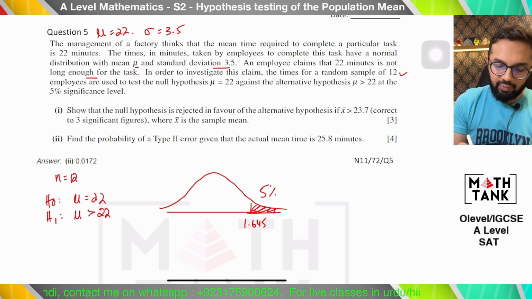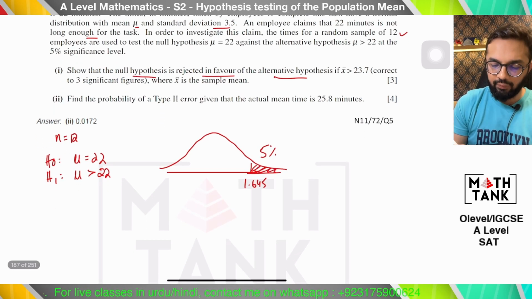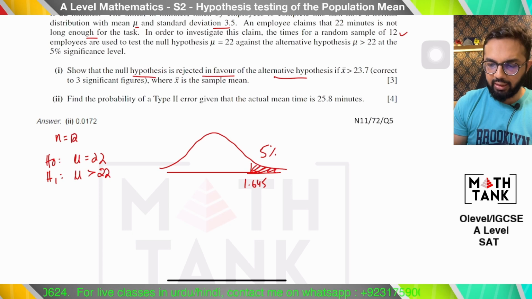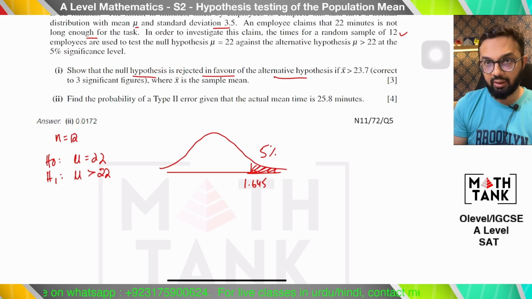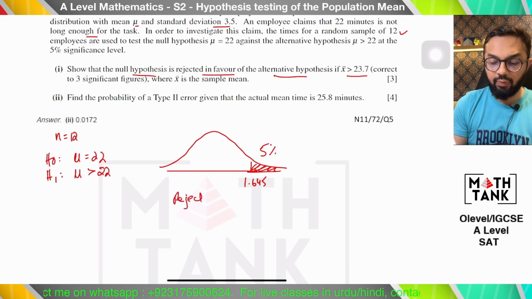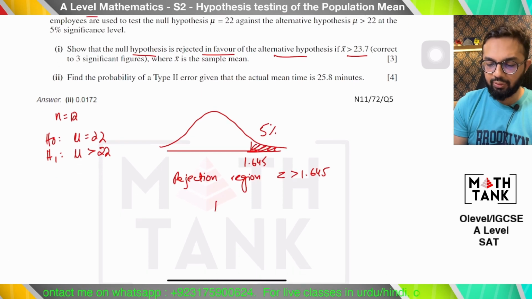Okay, the 5% significance level. Show that the null hypothesis is rejected in favor of the alternative hypothesis if x bar is greater than 23.7, correct to three significant figures, where x bar is the sample mean. So what I need to show is that any x bar greater than 23.7 will be rejected. So my rejection region is basically x bar greater than 23.7. Right now I see my rejection region in terms of z, but I don't need z, so I'm going to change this 1.645 into a value for x bar.